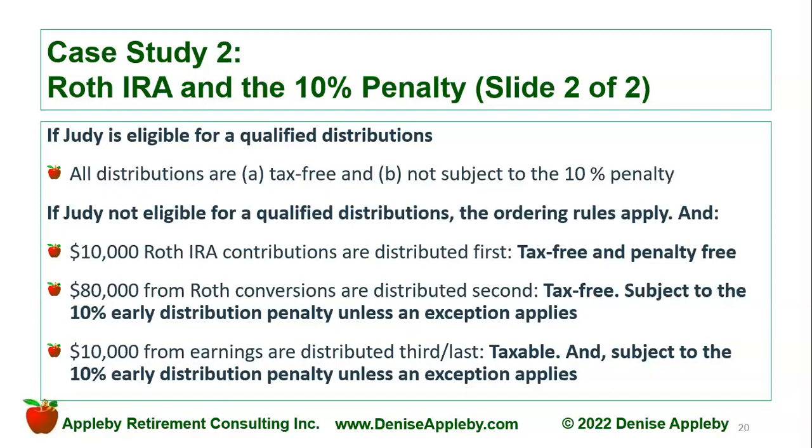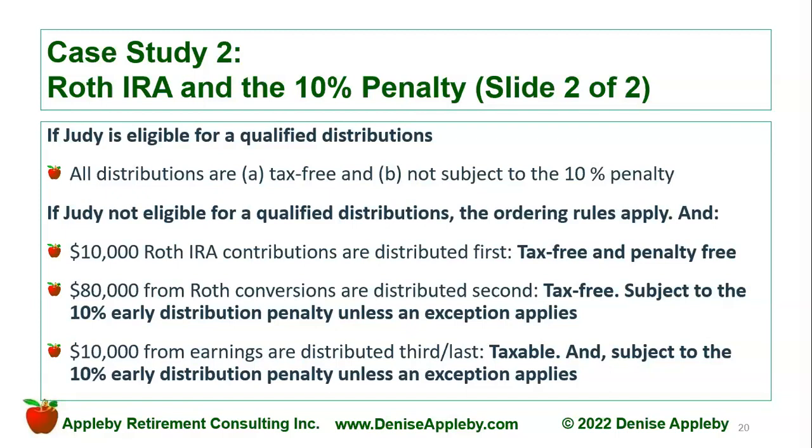And if Judy is under age 59 and a half when she takes distribution from this $80,000, then the amount is going to be subject to a 10% early distribution penalty unless she qualifies for an exception. And one of those exceptions is, has it been at least 5 years since that amount was converted to a Roth IRA?